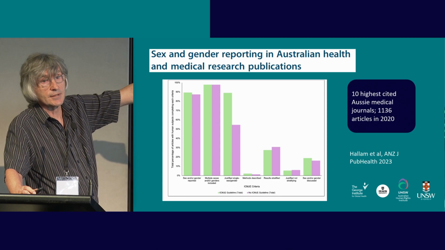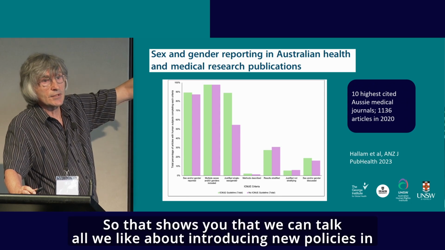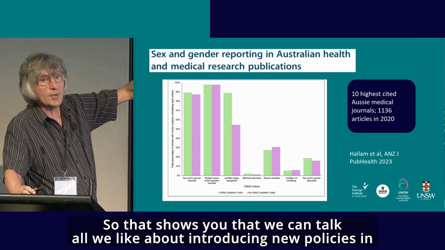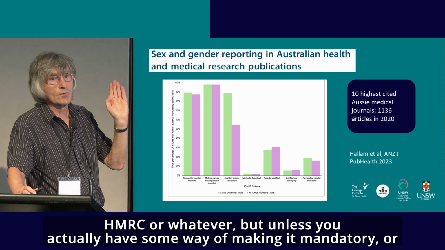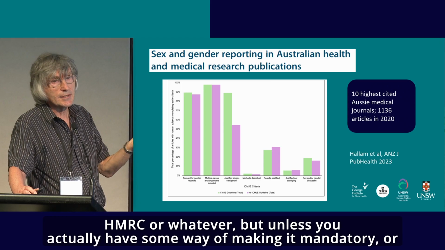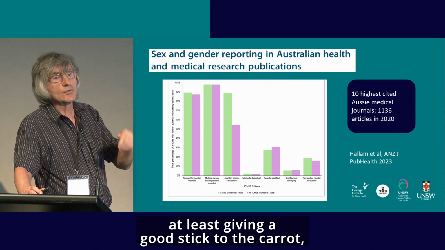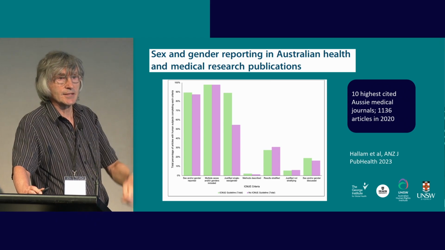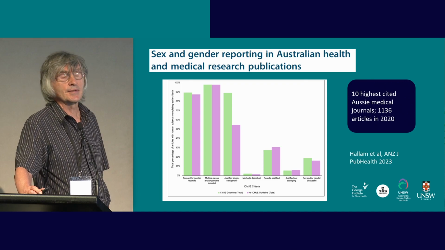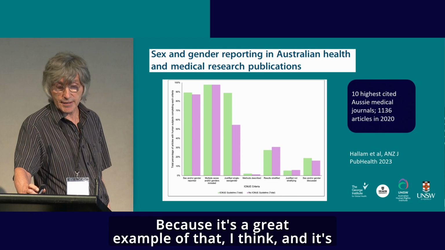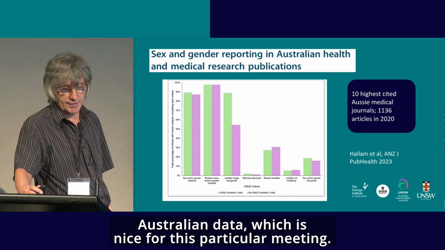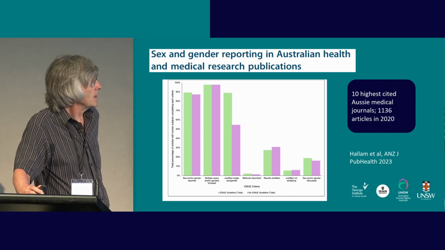So that shows you that we can talk all we like about introducing new policies, NHMRC or whatever, but unless you actually have some way of making it mandatory, or at least giving a good stick to the carrot, you're not going to solve things. I think it's a great example of that. And it's Australian data, which is nice for this particular meeting.